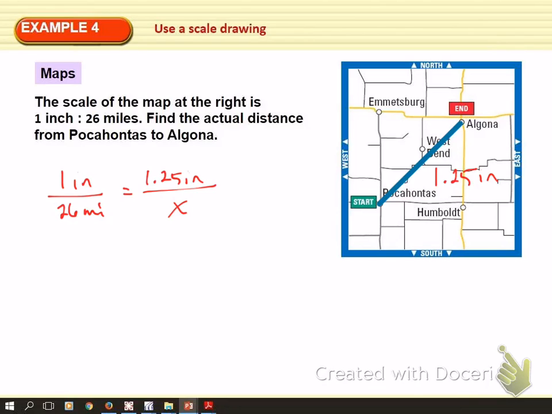We want to go inches to miles, so basically map distance to actual distance, and the scale gives us a ratio already, 1 inch to 26 miles. That way we know how to set up our second ratio, which is the same pattern: map distance to actual miles. So here's our proportion. We're going to cross multiply and solve. We get 1 times x is x, 26 times 1.25 is 32.5. So there's actually 32.5 miles between Pocahontas and Algona. Okay? That's how we use this scale.